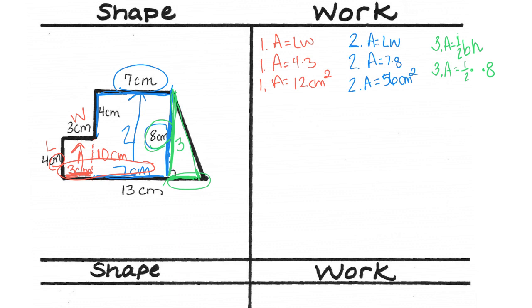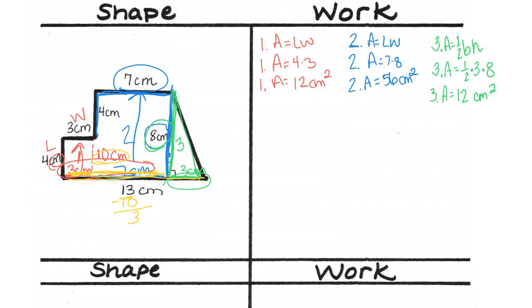So if this whole bottom is 13 and from here to here is 10, that leaves really 3 for us. So that means this is 3 centimeters. The base is 3. So now we can put that in our calculator. 1/2 of 3 times 8 is 12 centimeters squared.